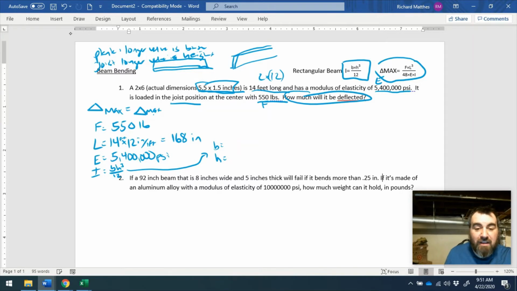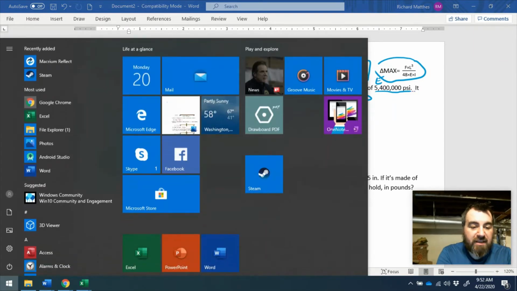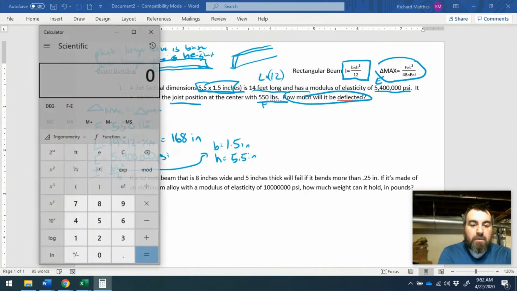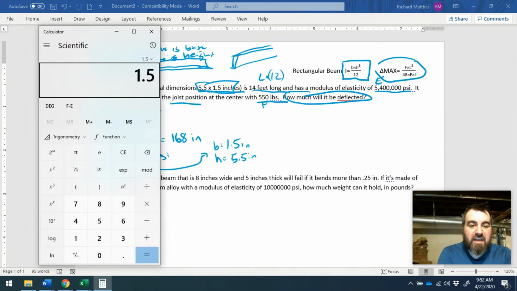All right, so for this one, the base is 1.5 inches and the height is 5.5 inches, okay? And then we're just going to plug that into this equation here, and I'm going to put it in my calculator. We're going to put 1.5 times 5.5 to the third.